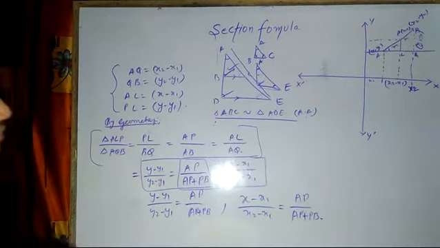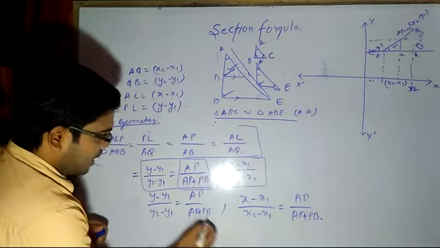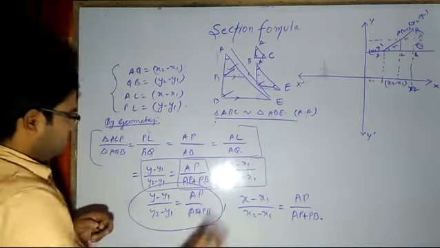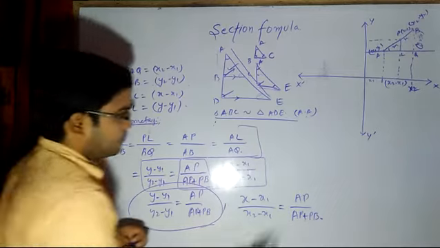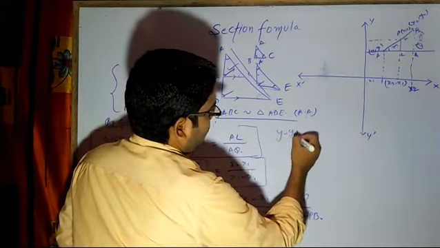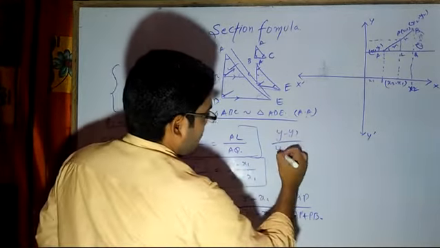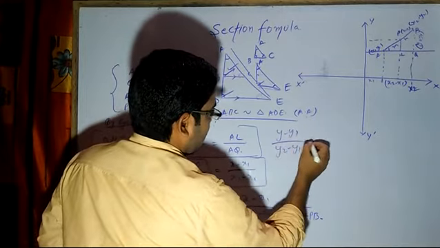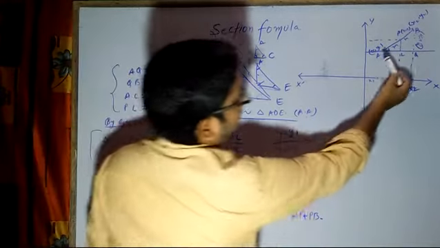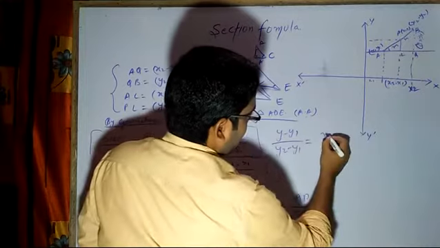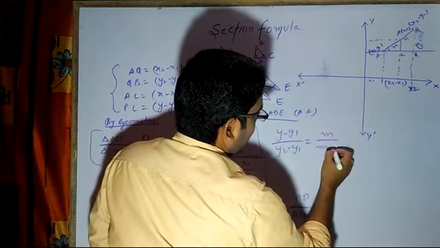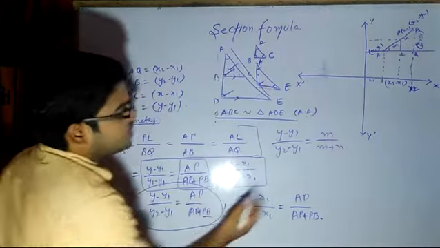After this, what we will be doing here, first part, I will be taking this part. This part will be like y minus y1 upon y2 minus y1 is equal to, what is the ratio of AP? AP is m, right? m upon m plus n. PB is equal to n.